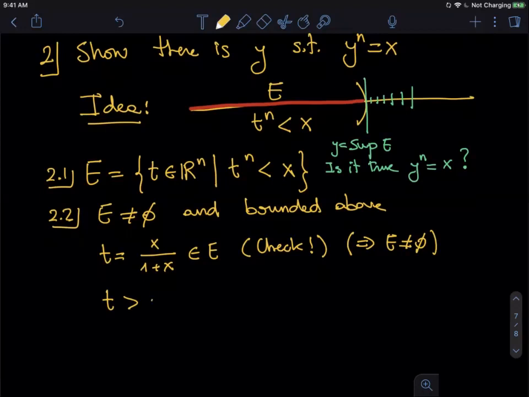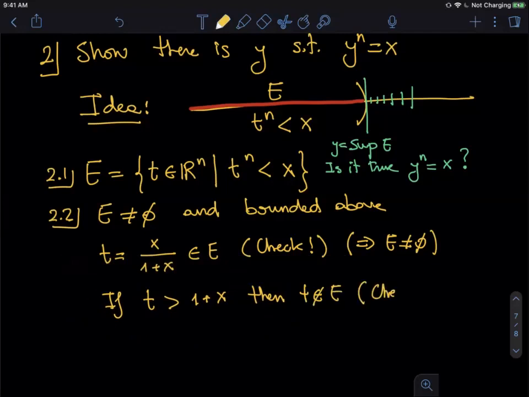Okay, so for this it is enough to show that if t is bigger than 1 plus x, then let me write it properly so that we don't get confused. There we go. If t is bigger than 1 plus x, then t is not in E.